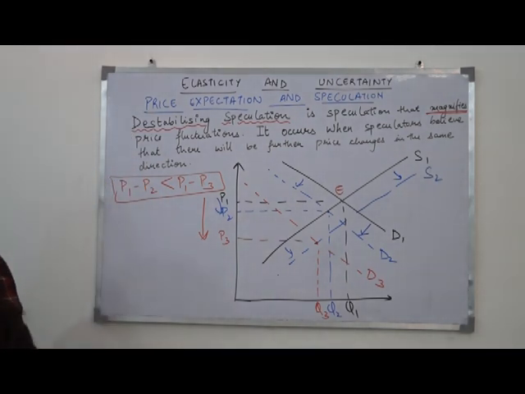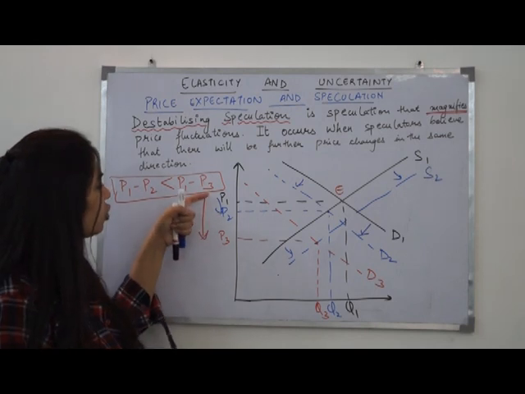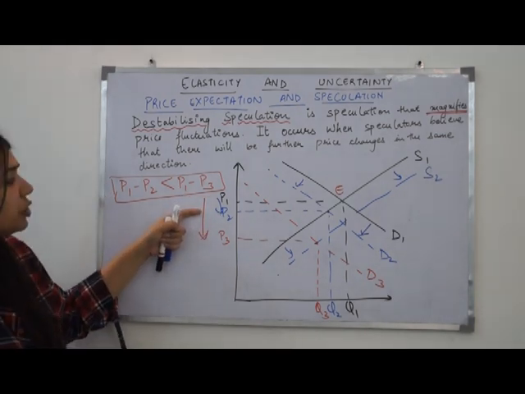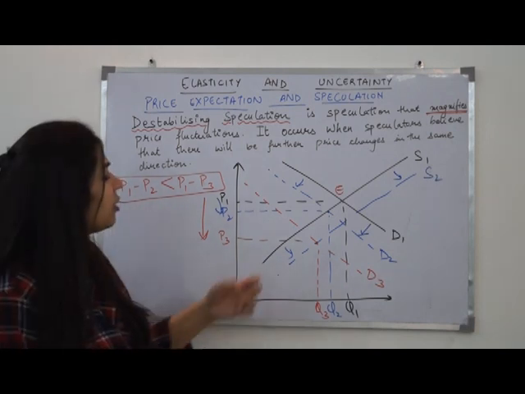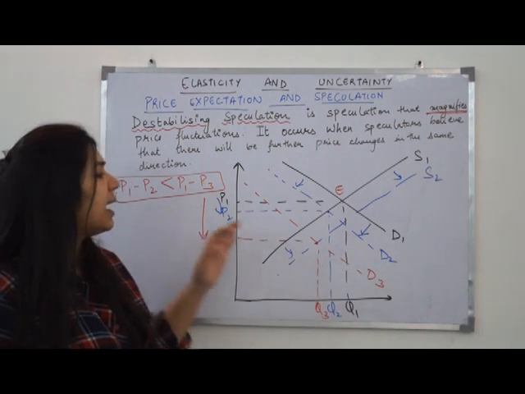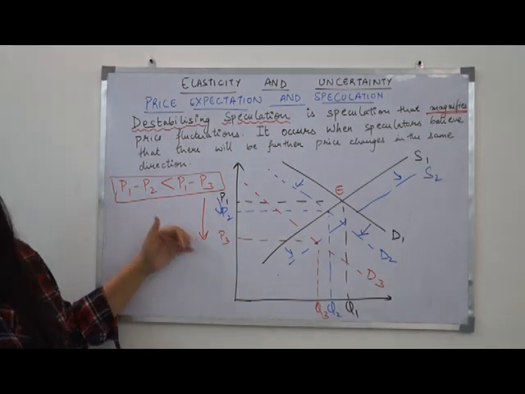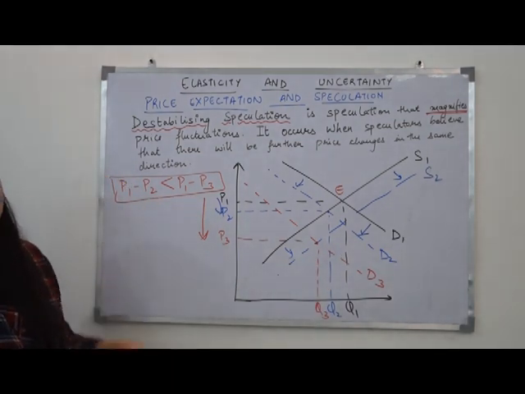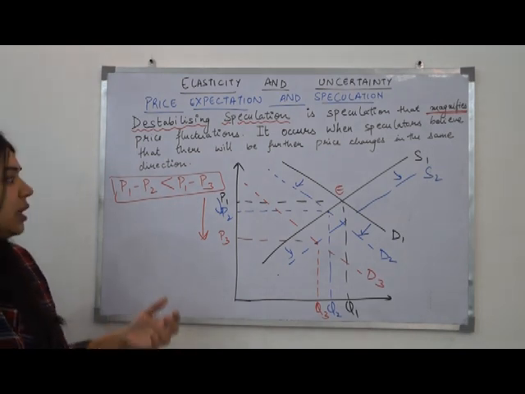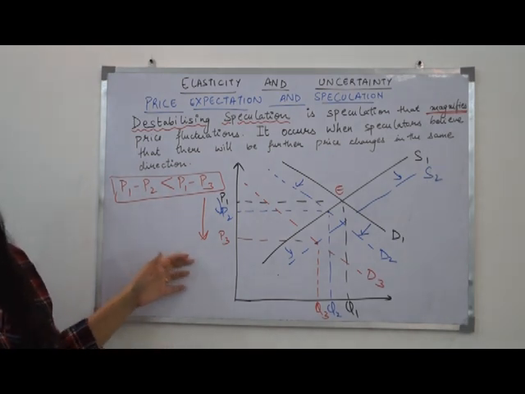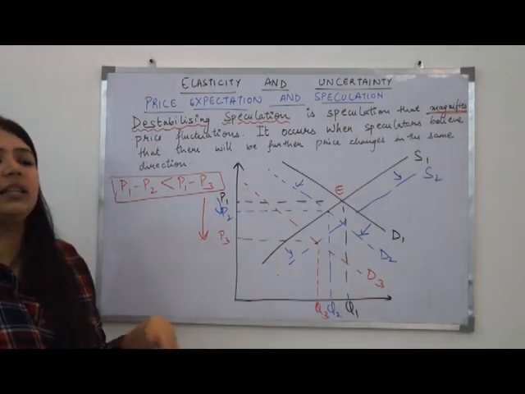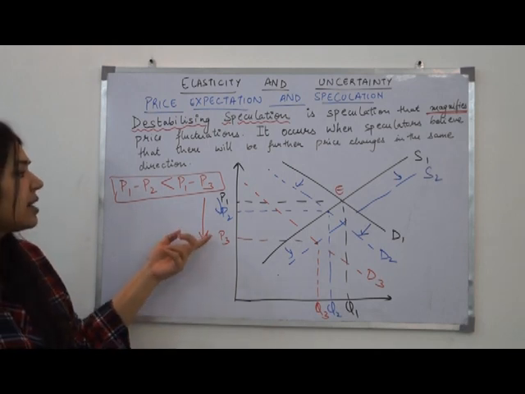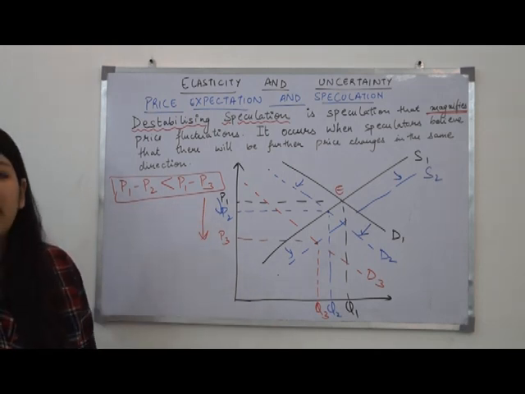Now, looking at the demand side, the consumers also see this price drop as an opportunity to get a further price drop. The consumers will say, okay, we are not going to consume at this price. Maybe the price will drop even further and we will consume at a price even lower than this. So they will cut down on their consumption and buy when prices are even lower than the equilibrium price at this level.